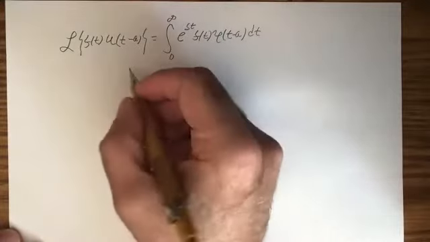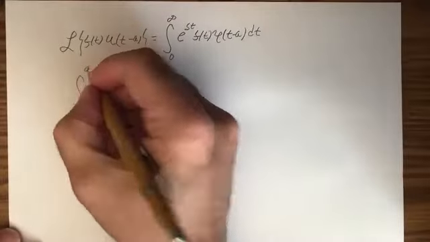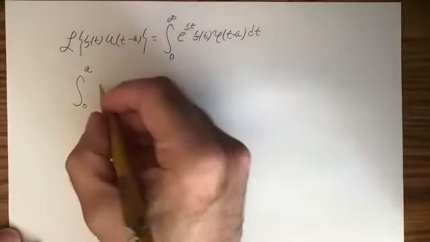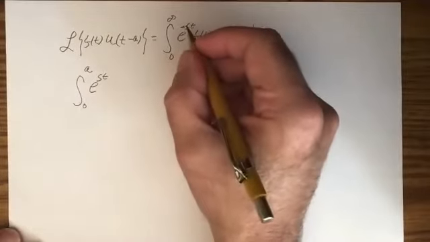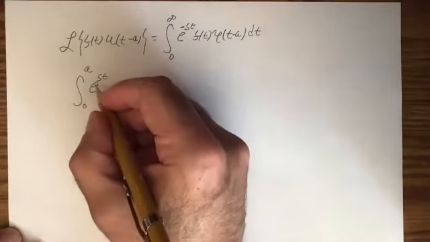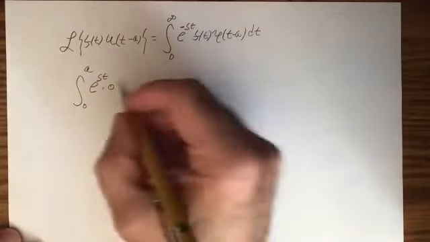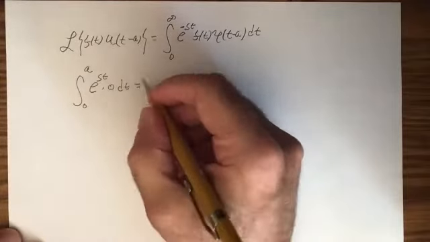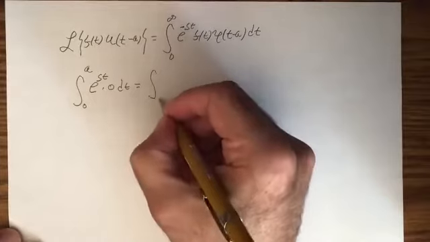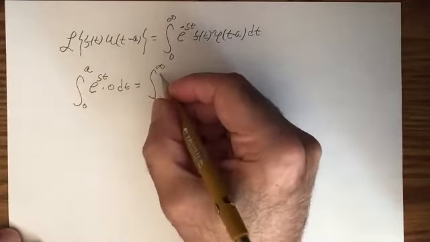So I can break up the integral from 0 to a, and that integral is going to be 0, dt. And then that's going to be equal to the integral from a to infinity.